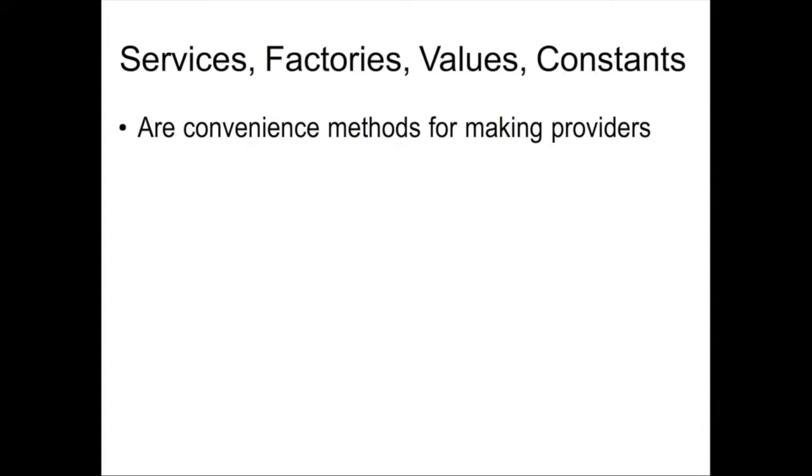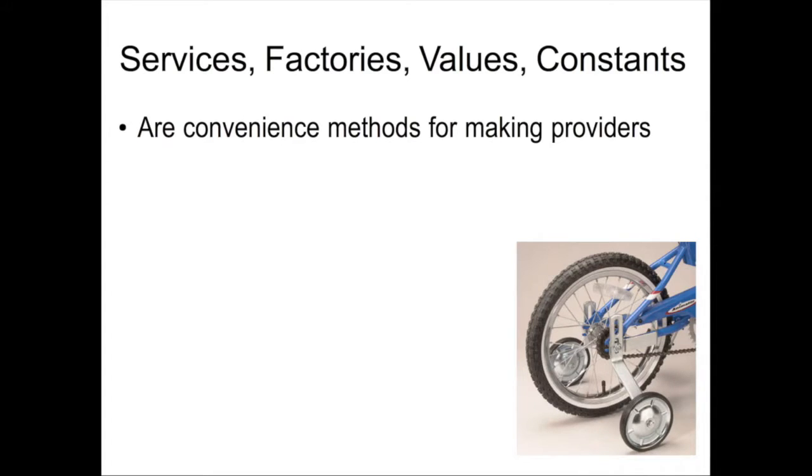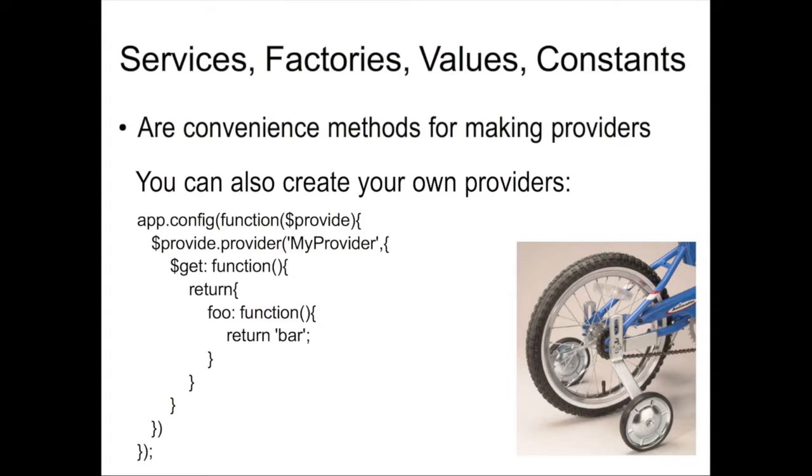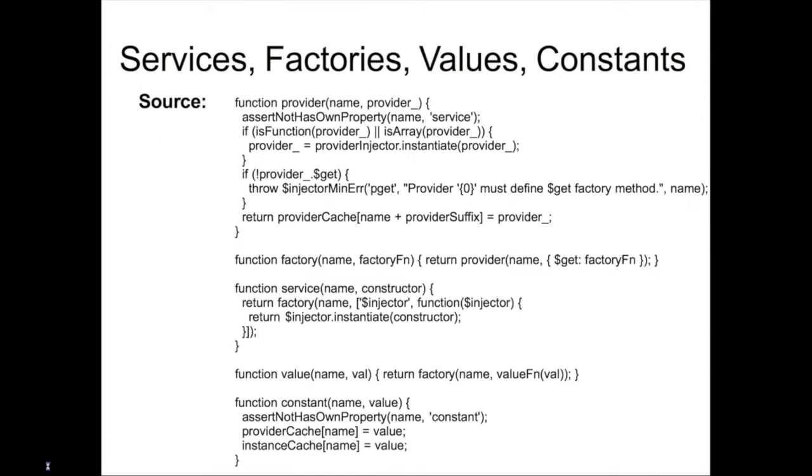So these are all convenience methods for making providers. They're your training wheels, and I'm on the training wheels right now. You can also create your own providers. That's taking it to the next level when you're ready, and there's powerful stuff you can do with it. This is the full source of all of those things.